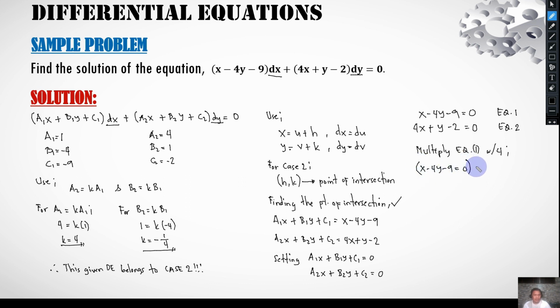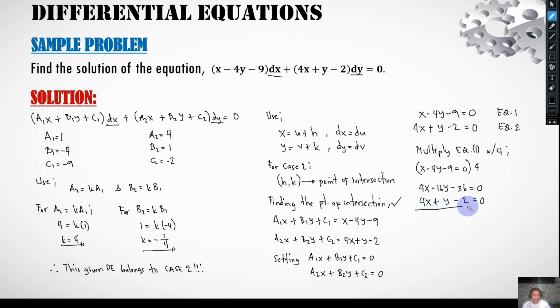And then, it is then times 4, no? So, at saka itong equation ay magiging 4x, no? Minus 4 times 4 is 16y, minus 9 times 4, no, is 36 is equal to 0. At saka itong equation 2 naman natin ay as is lang siya, no? 4x plus y minus 2 is equal now to 0.